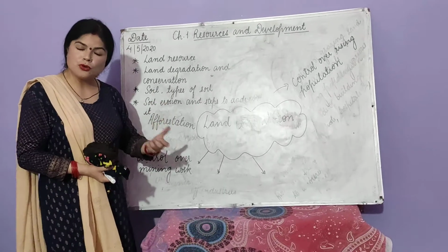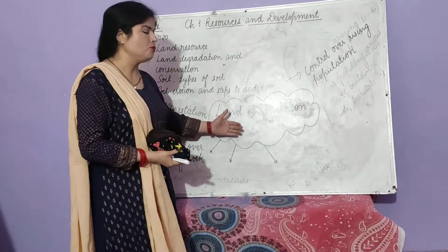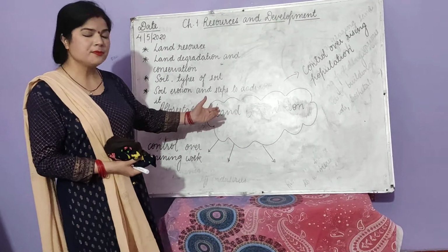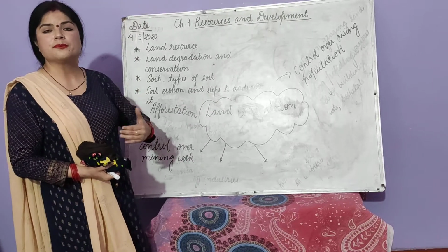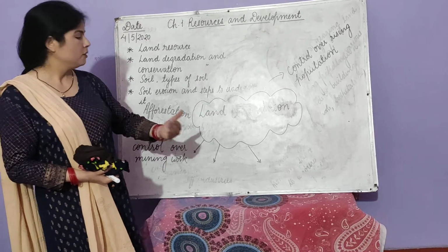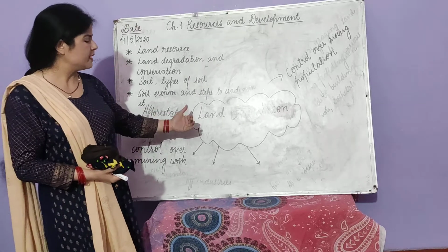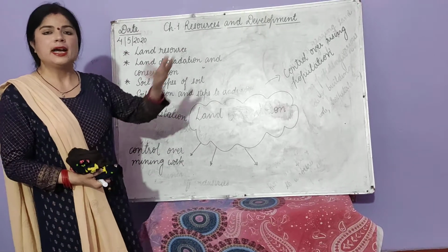If we have control over our desires, we can preserve or conserve our land, because as we discussed a few seconds ago, sometimes we are responsible for land degradation. To fulfill our demands, we always move to those activities which can be a reason for land degradation, like deforestation and mining work.